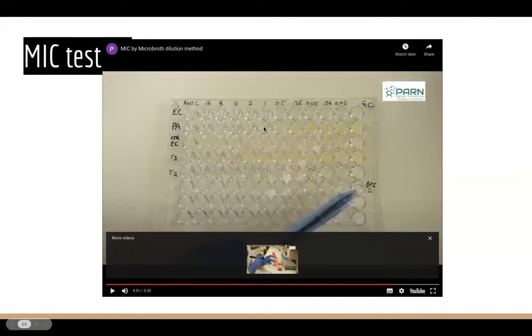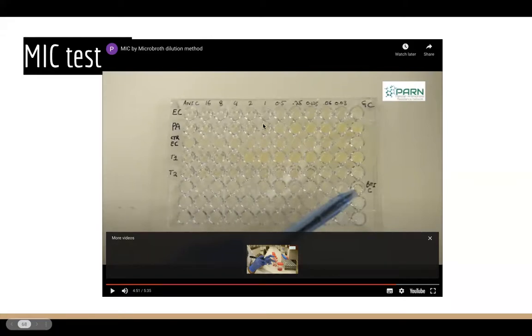Here you've got 1, so there's no growth here, no growth here, and that's where you take the MIC. So that's the minimum inhibitory concentration of the antibiotic. So they're testing strain 1 here against the antibiotic they're looking at. And then you've got your quality control strains as well.